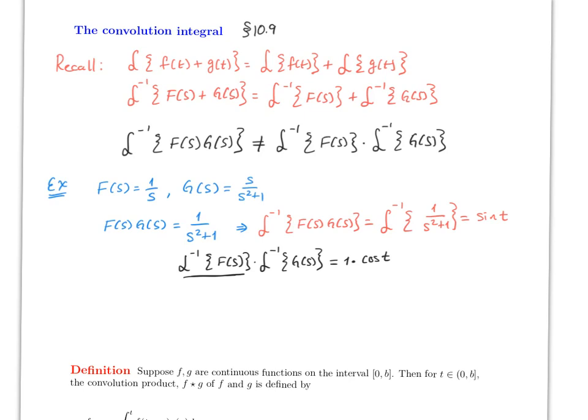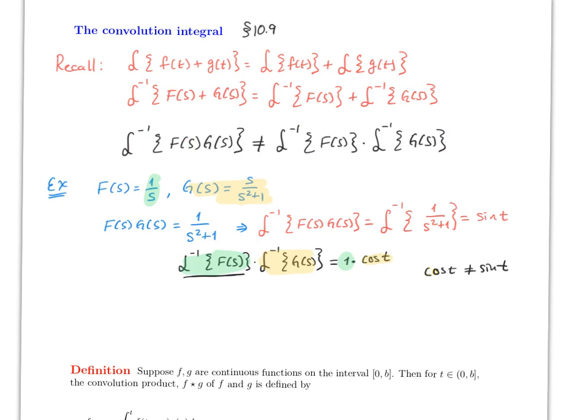Again, just look at the table if you forget how to find this. And clearly, cosine t is not equal to sine t. So therefore, this shows that this is not the case.